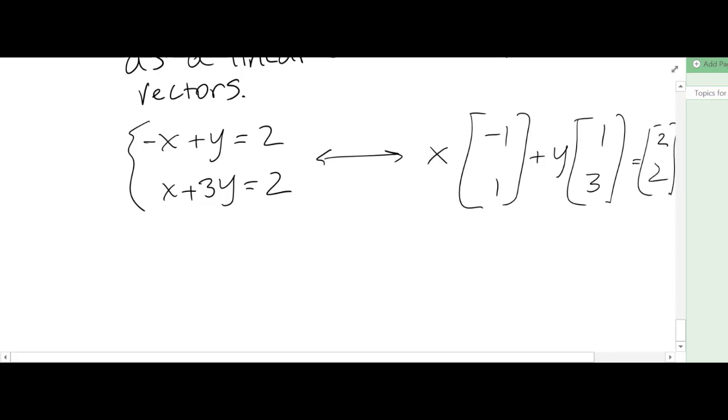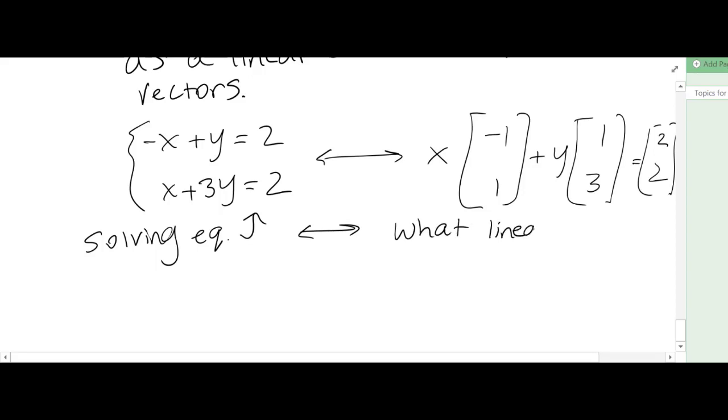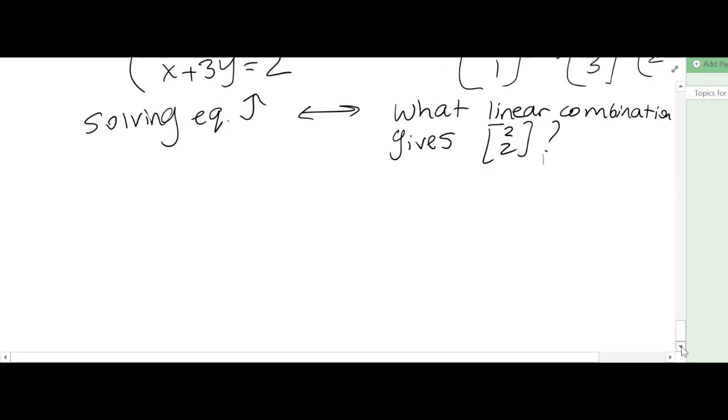So it looks like we're trying to express 2, 2 as a linear combination of negative 1, 1 and 1, 3, these vectors. So that means that solving this equation is the same thing as answering the question of what linear combination of these two vectors gives 2, 2. So if we draw a picture, we get the column picture.